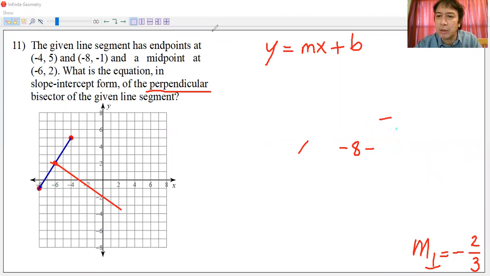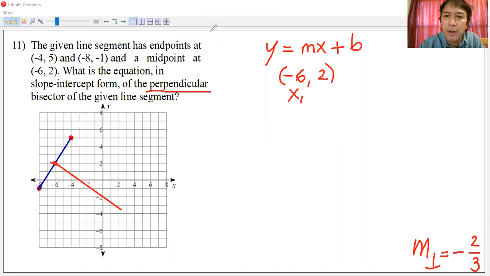Remember, we're asked to get the equation of the red bisector. What we need to use is this negative 2/3 and the midpoint. The midpoint is negative 6, 2, also in the second quadrant. This will now be our x1 and y1, and we will use it in the point-slope form.